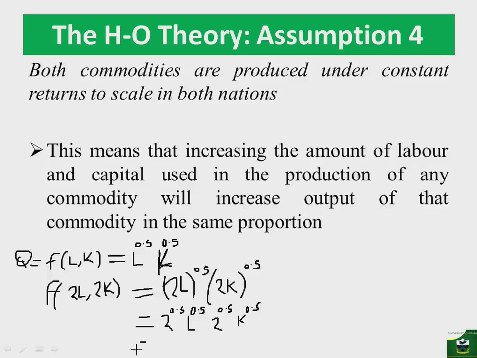If I rearrange this, I will have 2 to the power 0.5 multiplied by 2 to the power 0.5. So now this 2 to the power 0.5 is this one here, and this 2 to the power 0.5 is this one here, meaning I'll remain with L to the power 0.5 and K to the power 0.5.